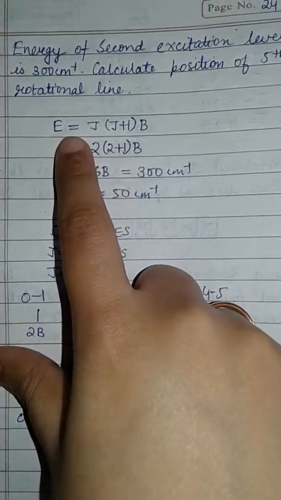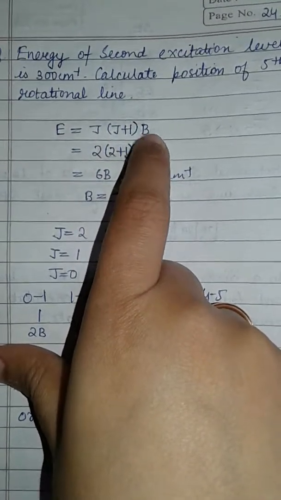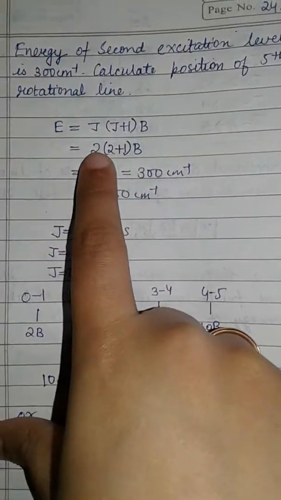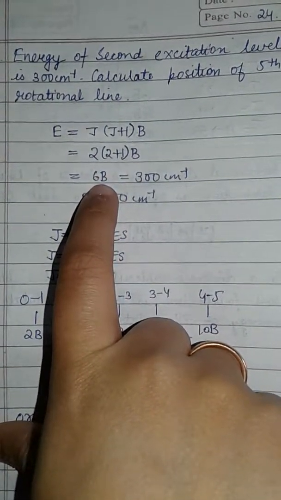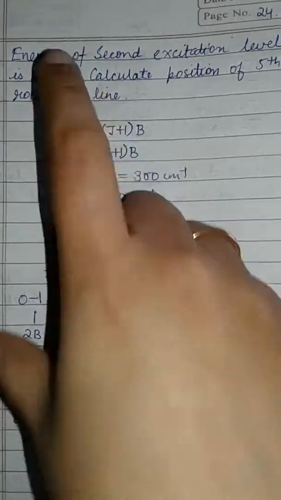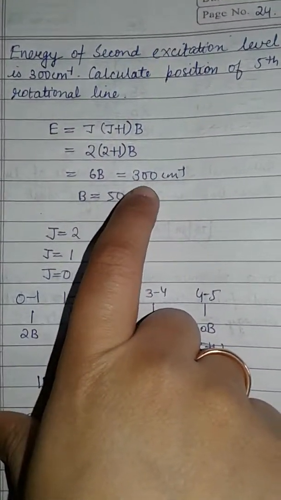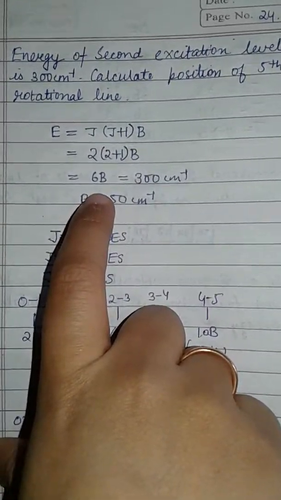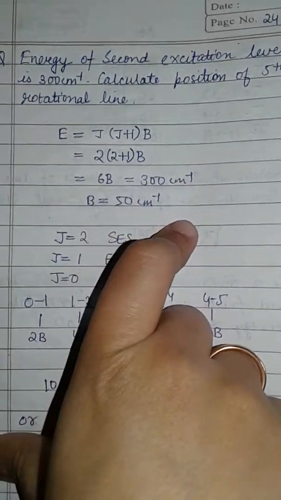We will use the formula E equals J into J plus 1 B. So J equals 2, it will be 2 into 2 plus 1 B, that will be 6B, which equals 300 centimeter inverse. So B will be 300 upon 6, that is 50 centimeter inverse.